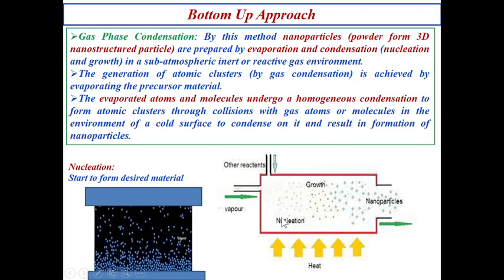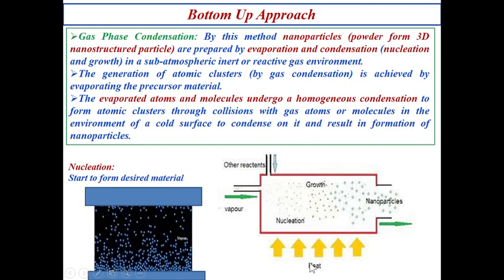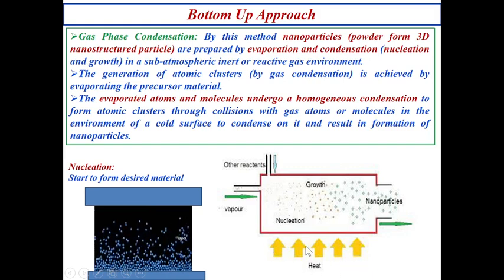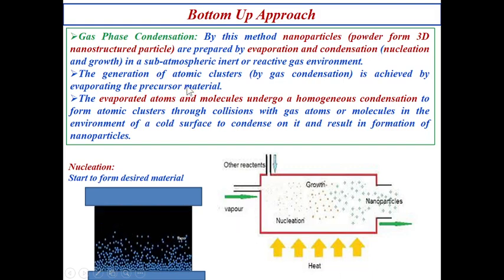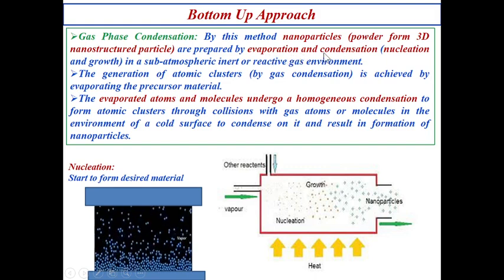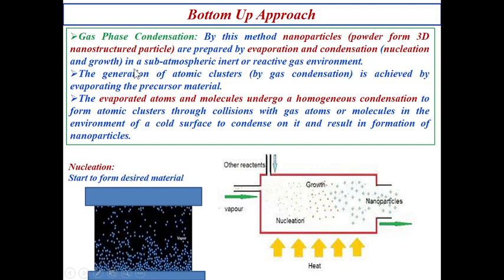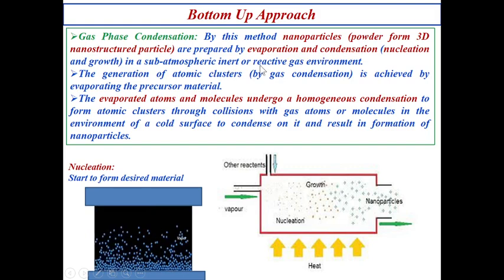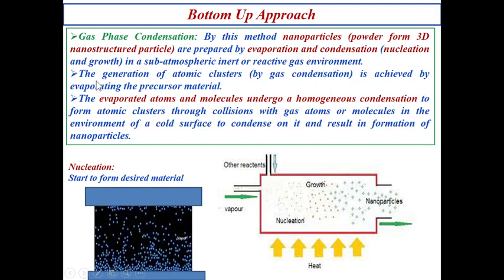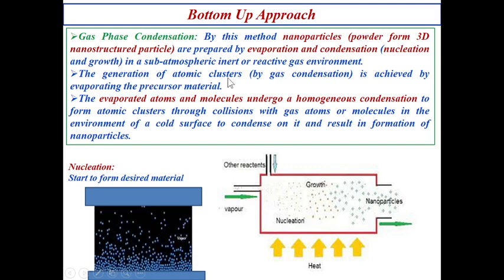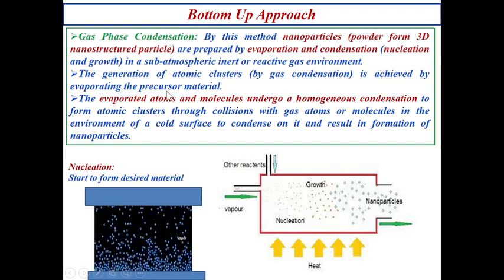First it will be evaporated with the help of the input heat and input vapor. Then evaporation and then condensation in an inert or reactive gas environment, that I am going to explain. The generation of atomic clusters is achieved by evaporating the precursor material.